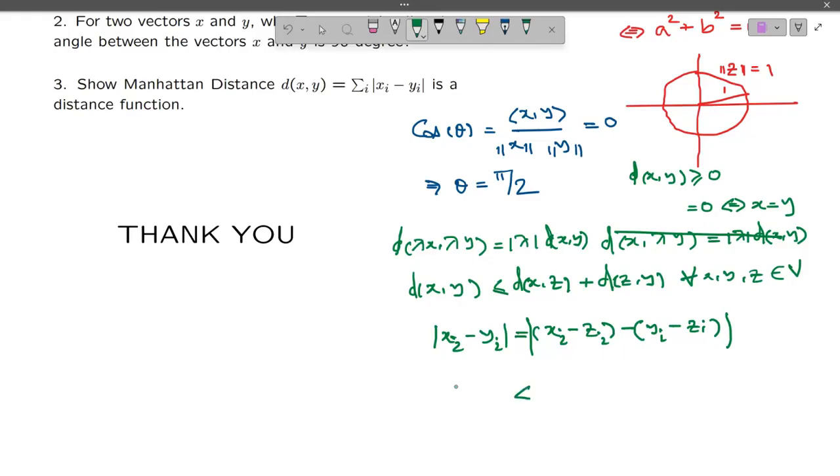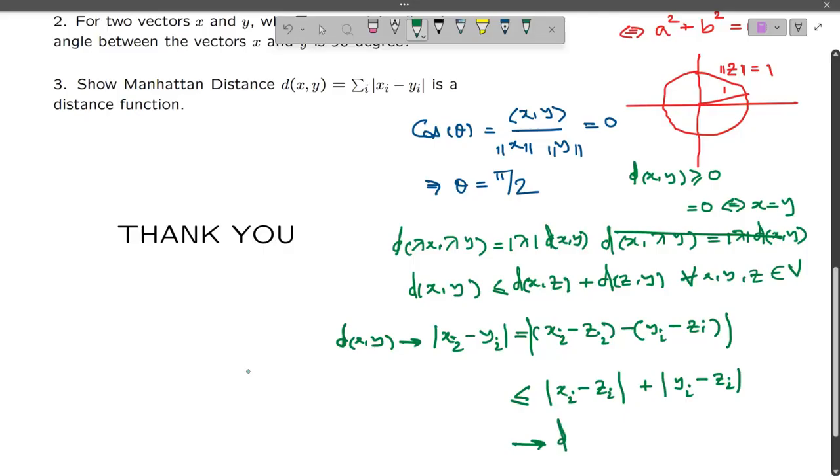The zi cancels out, and this is less than or equal to |xi minus zi| plus |yi minus zi|, which from the definition gives the distance of x and z plus the distance of y and z. So the distance of x and y is less than or equal to the distance of x and z plus the distance of y and z.